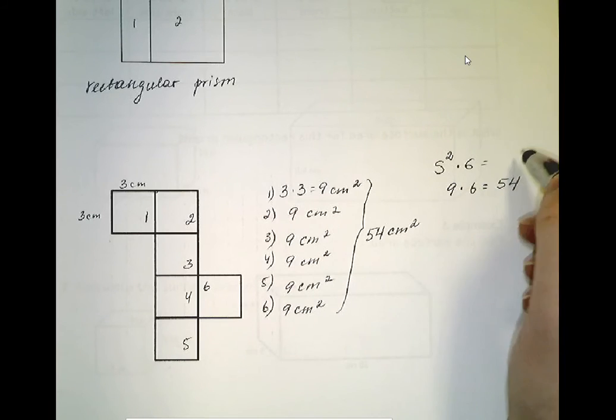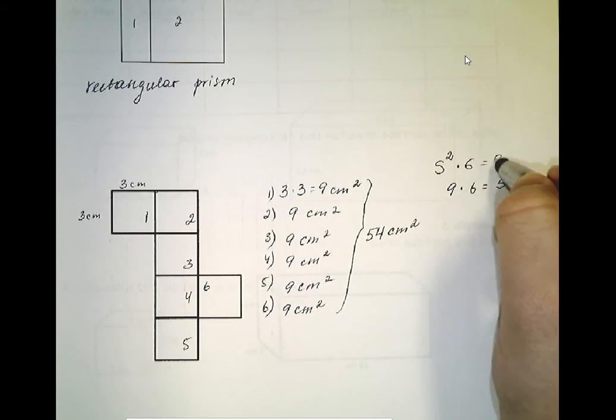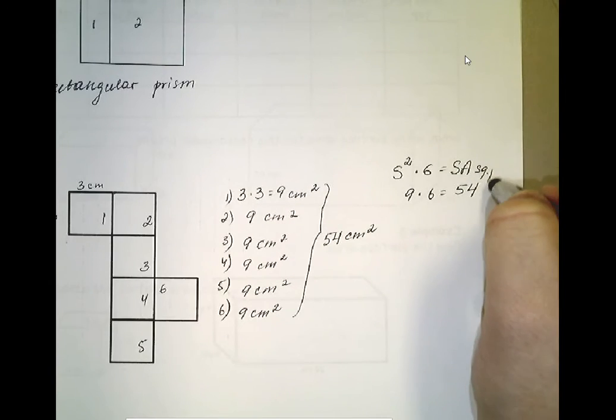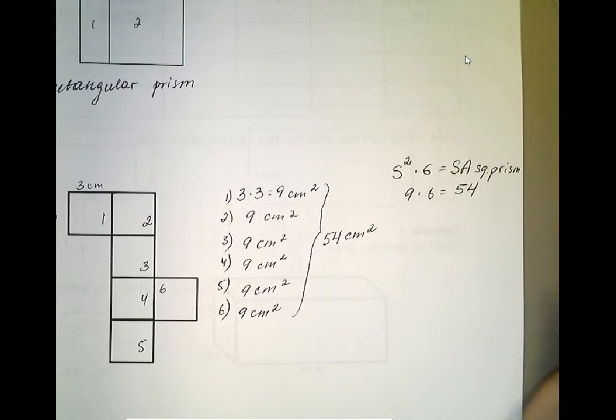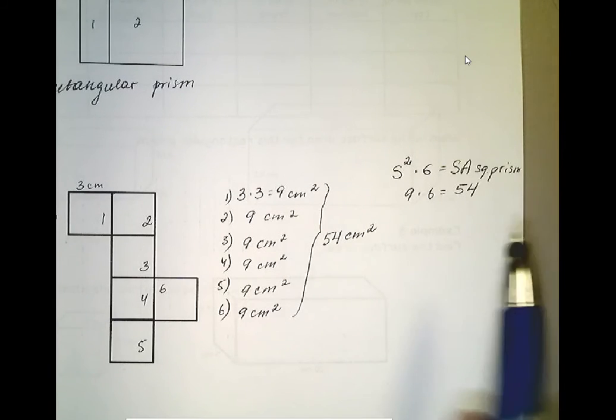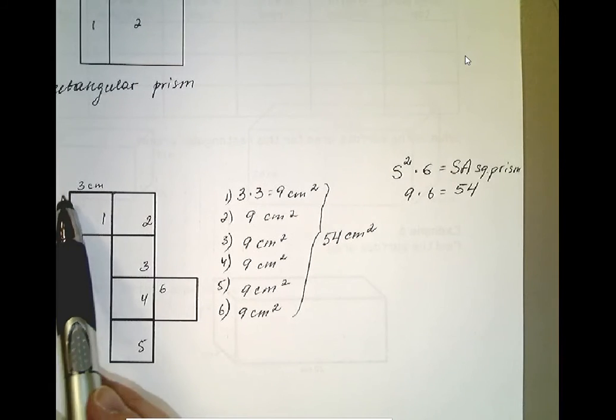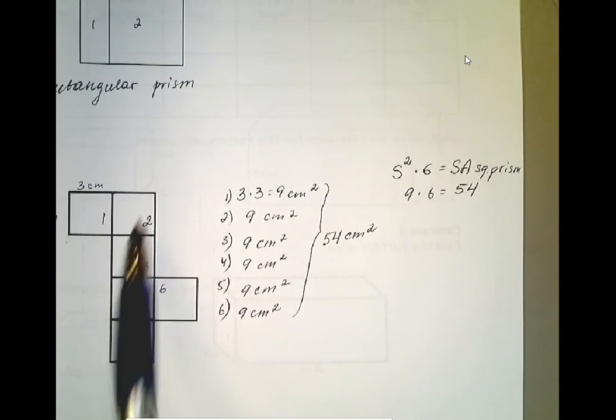And that will give me my surface area of the square prism. Okay, I know that there are 6 faces, and all I can do is to square the sides and then multiply it by 6.